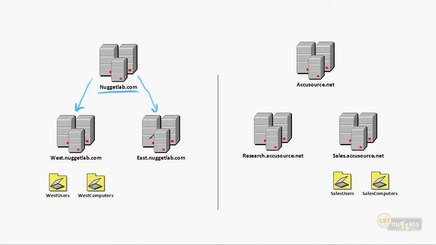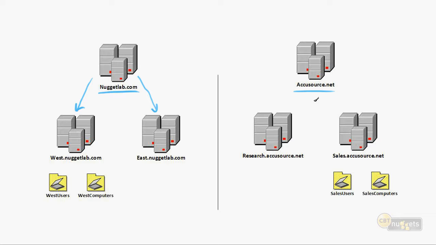The other way we look at forests is that we see forests when we have more than a single namespace. So here I have a parent namespace of nuggetlab.com, but over here maybe I've got another division that's part of our same company that we still own, accusource.net over here, for example.